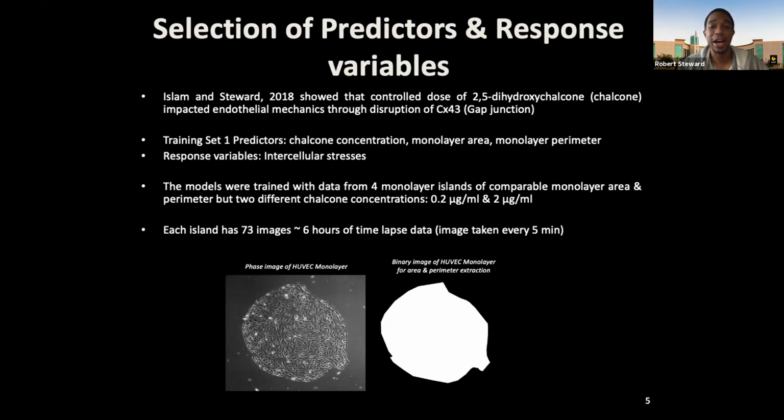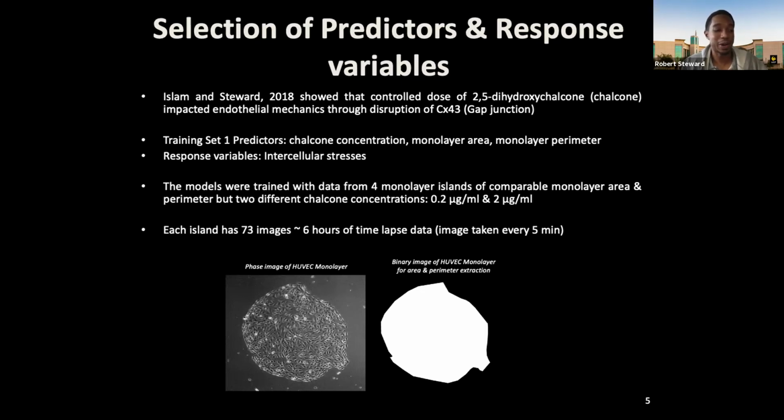Now, what we did after that was predict what the response would be for a control, or zero concentration of that drug, or 0 micrograms per milliliter, and 1 microgram per milliliter of that drug. We predicted it with our model, and then we also ran actual experiments to see how the data from our model stacked up against the real experiments here.